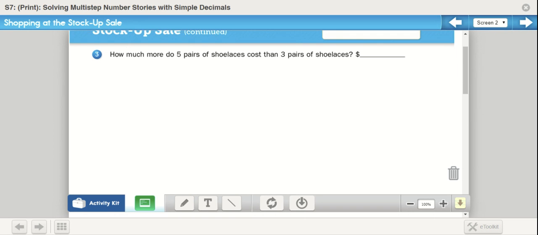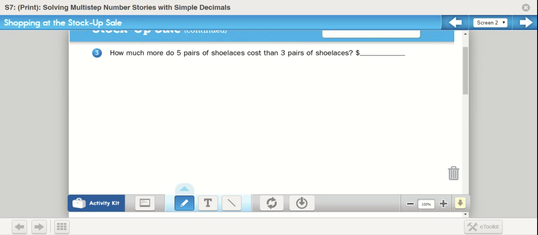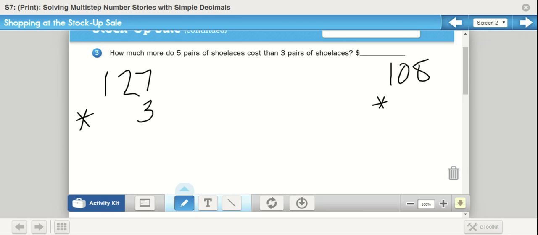So I have 127 times 3 and 108 times 5. So my hope is what you're seeing is when you are working with decimals, you can pretend those decimals aren't there in the beginning and solve this just the same way you would solve any of your other problems, okay?